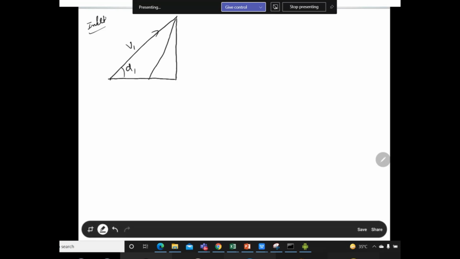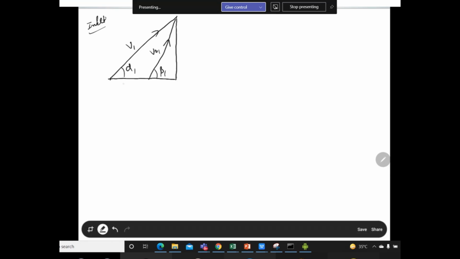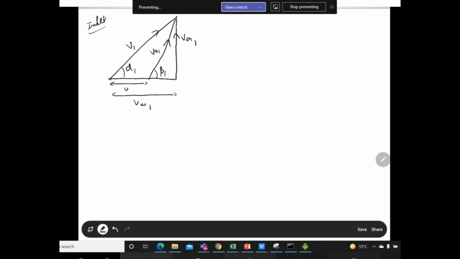You can make this line straight. So this is VR1 and this is beta 1, and this section is your U, and this section is VW1, and then there is the axial component, VA1. So this is the inlet velocity diagram.